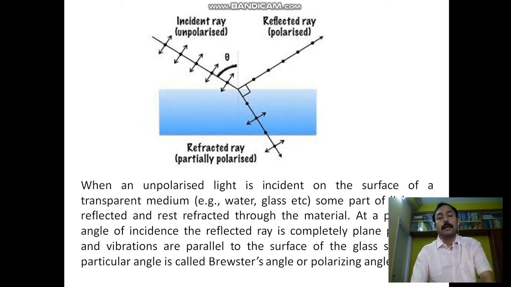At a particular angle of incidence, the reflected ray is completely plane polarized and the vibrations are parallel to the surface of the glass slab. That particular angle is called Brewster's angle.